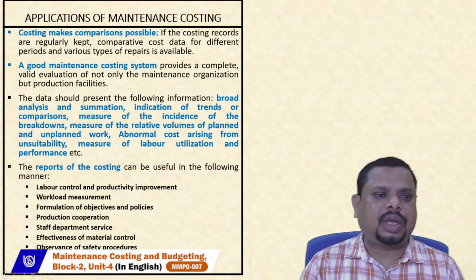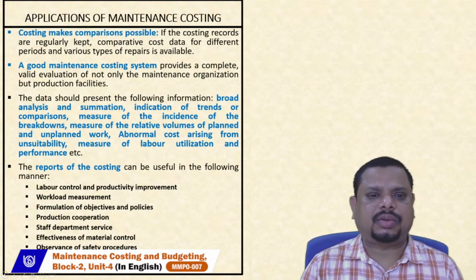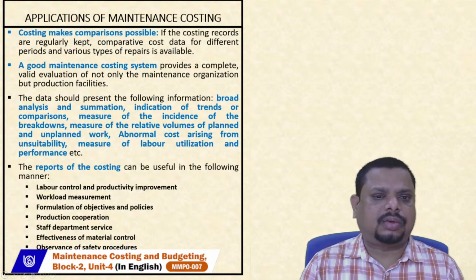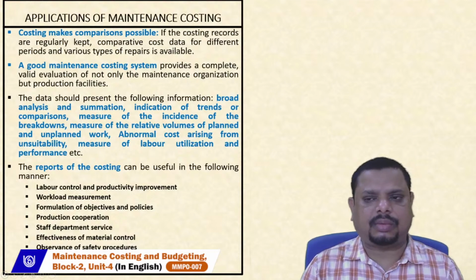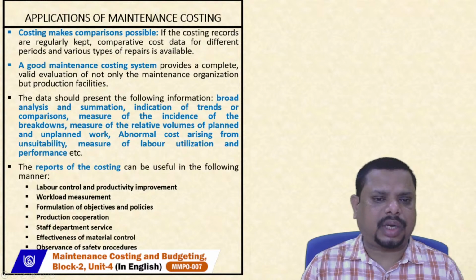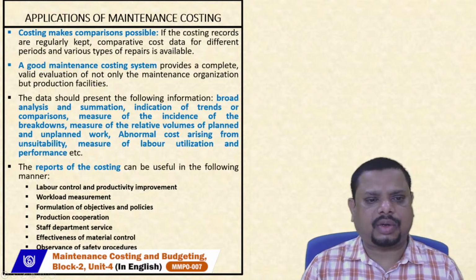The next one we have is good maintenance costing systems. It provides a complete and valid evaluation of not only the maintenance organization but also the production facilities. So whenever you involve yourself in maintenance departments, they have previously defined the SOP, standard operating procedure, for maintenance as well as for the maintenance costing system.